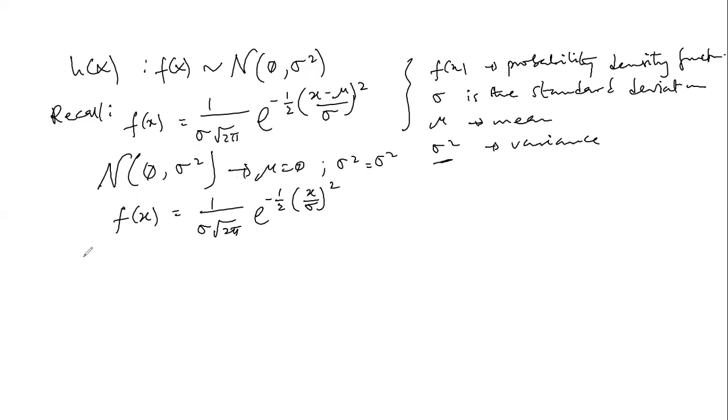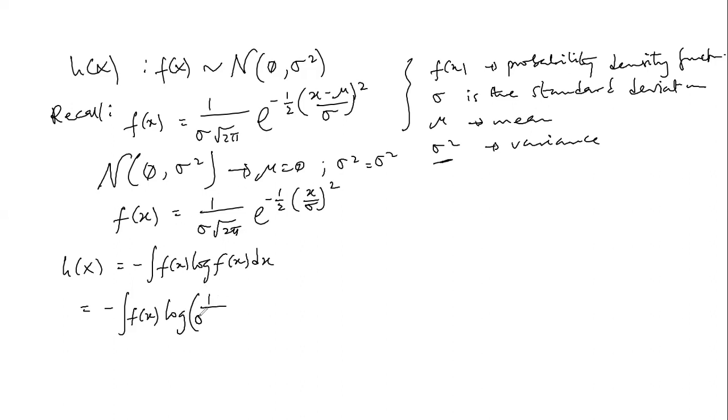So we already know that the differential entropy is the same as negative integral f of x log f of x dx. So once we plug this in, we are going to have negative integral f of x. I would love to leave it this way because this is the expectation value. Then log, then let's plug this in: 1 over sigma square root of 2 pi, e to the negative half, x over sigma, squared, dx.